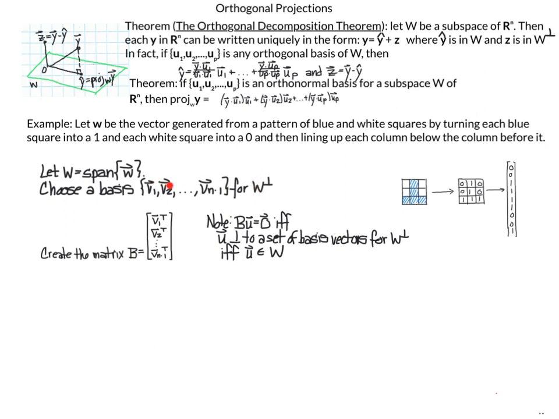And from this basis, we're going to create a matrix B, which is our basis vectors, the transposes used as our rows of W perp. So this is our matrix B.